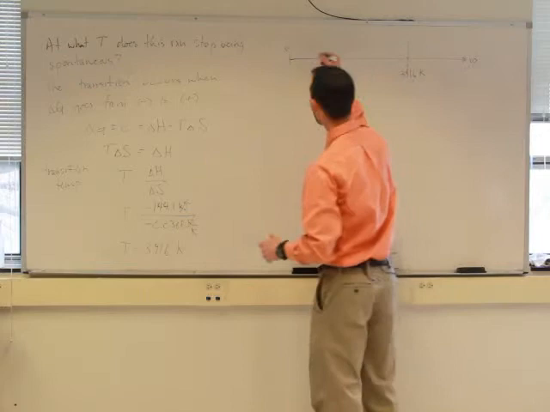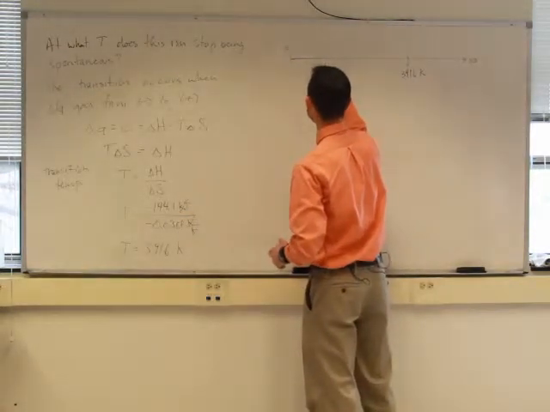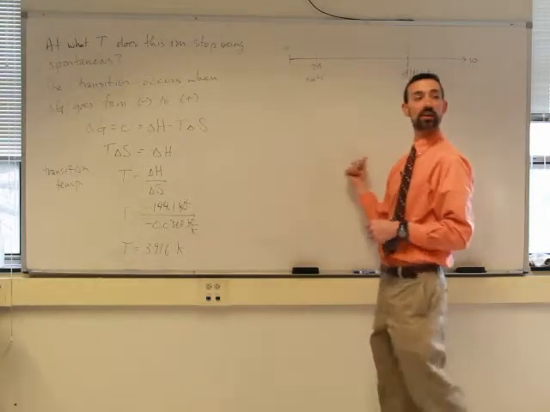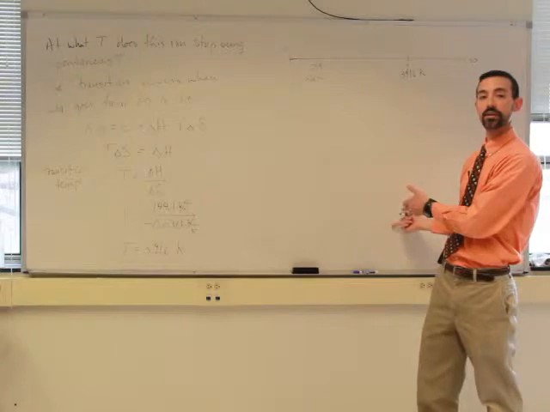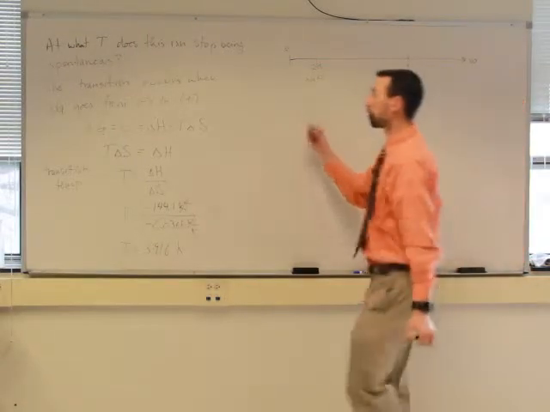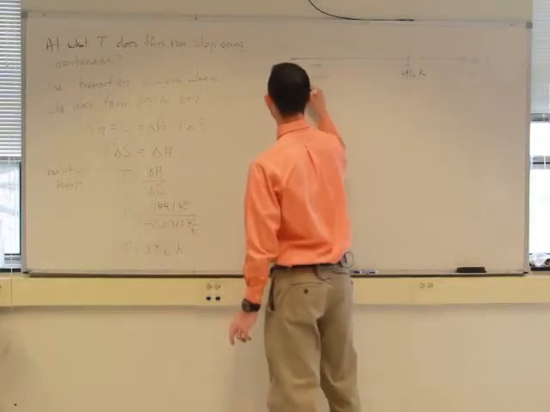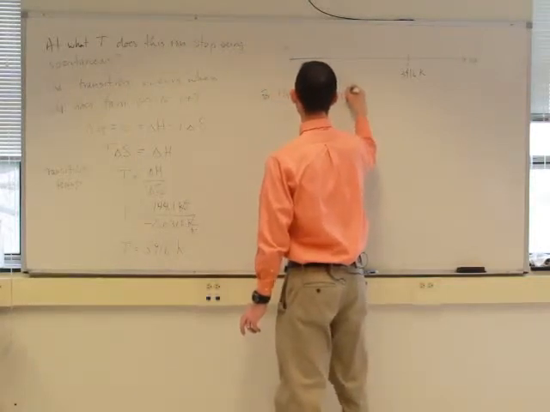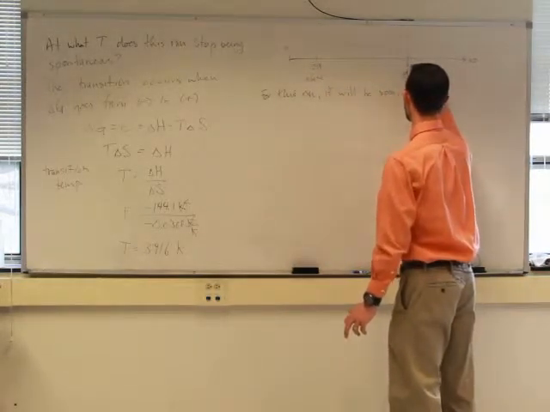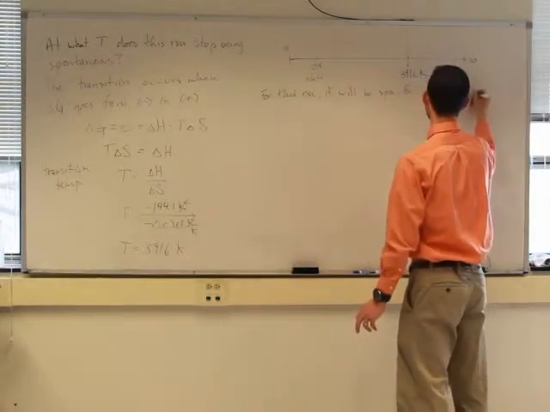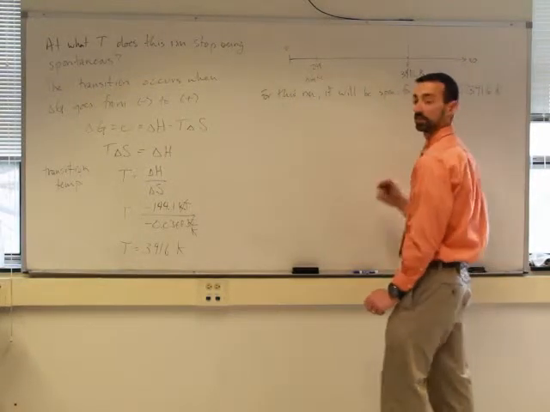Okay? Now we already know that way down here at 298, delta G was negative, because we had already calculated the negative 133, right? So we can conclude for this reaction, it will be spontaneous for all temperatures less than 3,916 Kelvin.